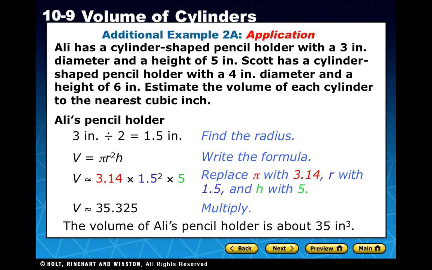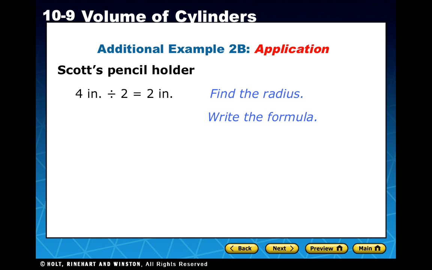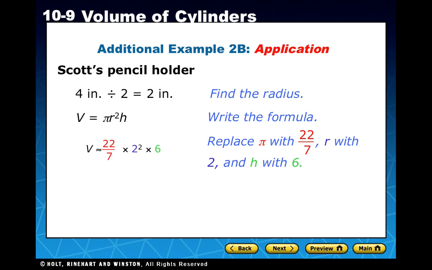We're going to do the same thing for Scott's. The radius of this pencil holder is 2. We'll use that in the formula. This time we're using 22 over 7. You could use 3.14 if you like.